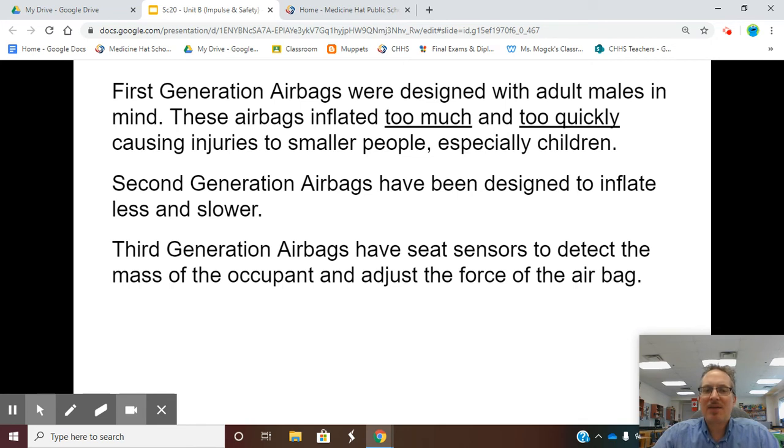And then now we have a third generation of airbags that have seat sensors that actually will detect the mass of your occupant. So the size of the occupant sitting in the seat, and it will adjust that airbag accordingly so that bigger human, bigger airbag, smaller human, smaller airbag.